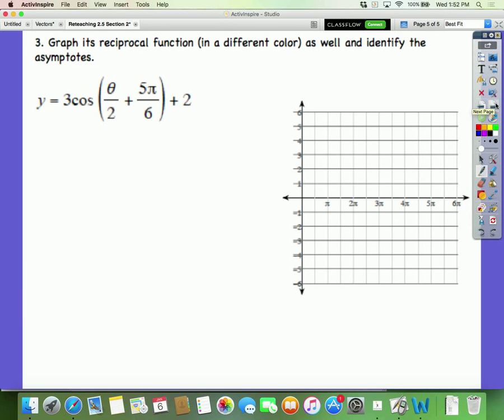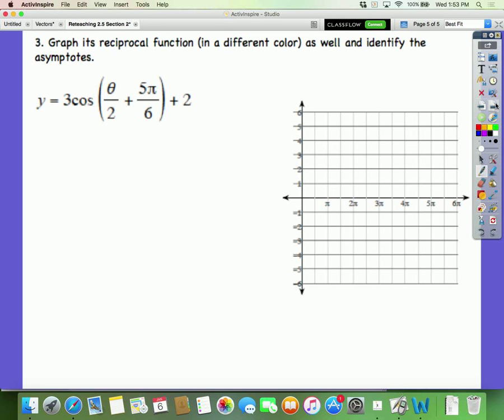Let's look at number 3. We're going to graph its reciprocal function in a different color, as well as identify where the asymptotes are. Because remember, to graph your reciprocal functions, you need the original sine or cosine. Okay?